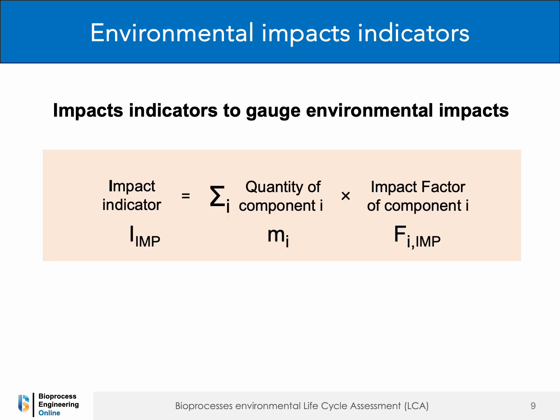Each impact indicator, denoted as IIMP, is derived by aggregating the impact contributions of all inputs and outputs according to the formula. IIMP equals the sum of MI multiplied by FI, where MI represents the quantities of inputs and outputs from the material and energy inventories, and FI denotes the corresponding impact factors per unit quantity of input or output.